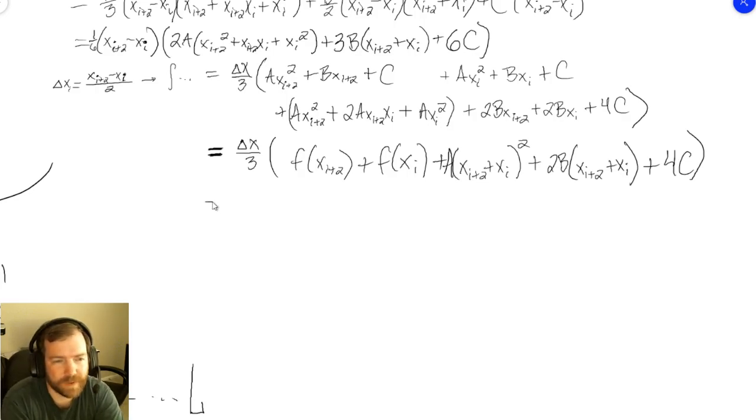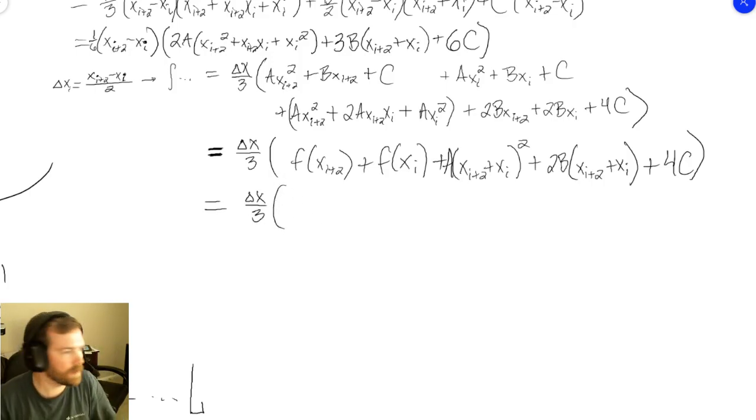So anyway, yeah, we got this stuff. Delta x over 3 times the quantity. So then we got to look at the other one that we want to use here.